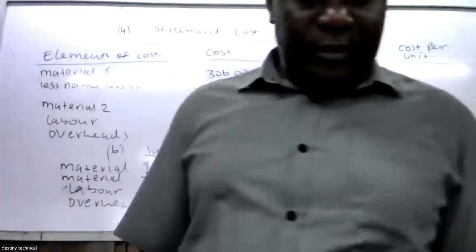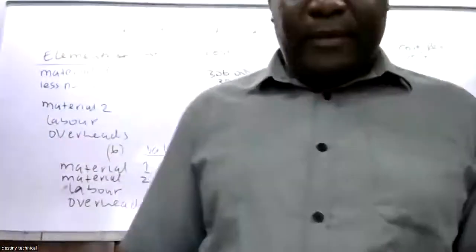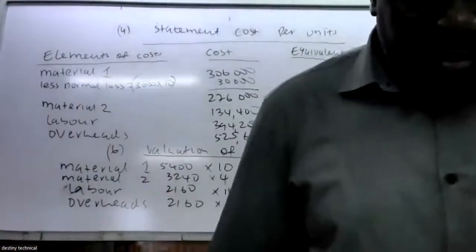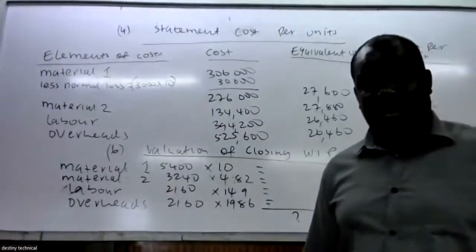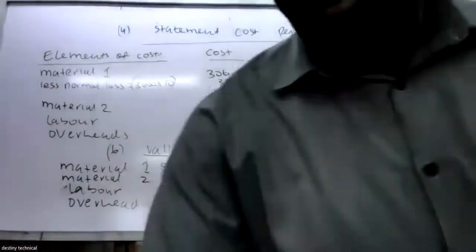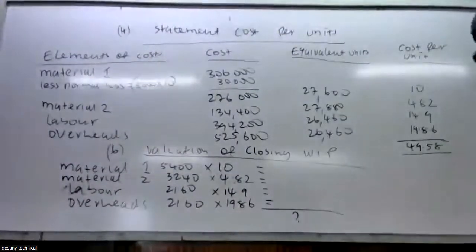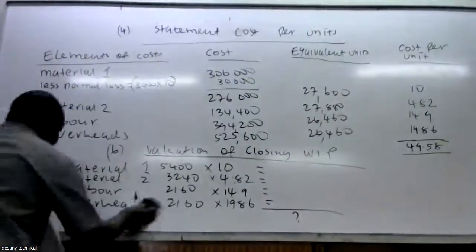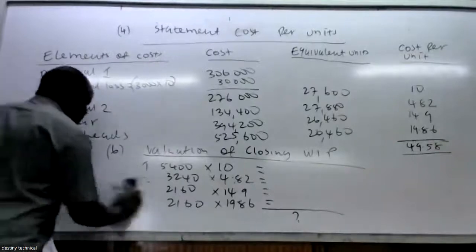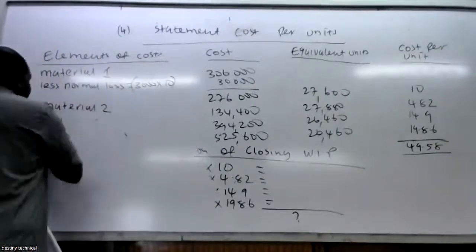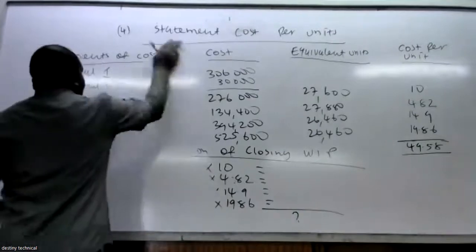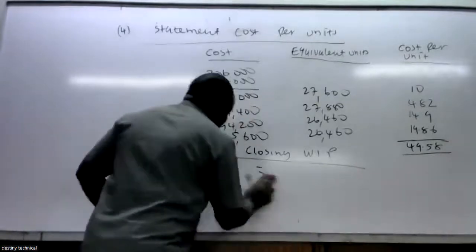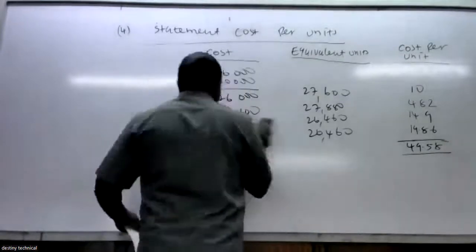So after that is now when we go to part C. Part C is now the last part of the question, how we prepare now the process 2 account. So after that, we now prepare the process 2 account.